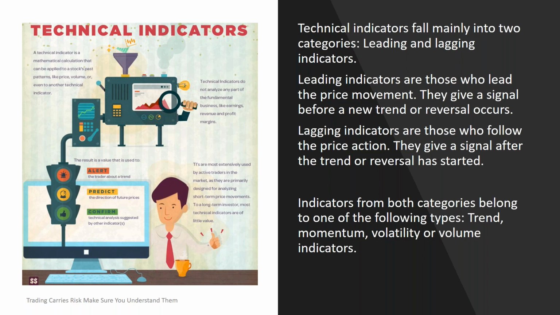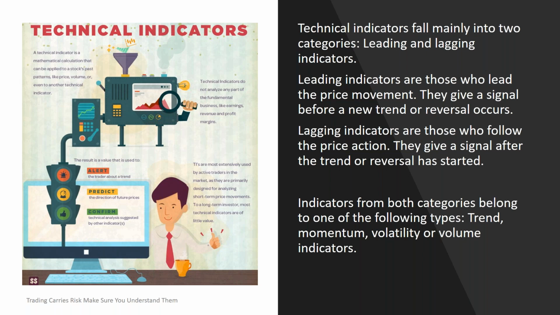And now, once we've decided which are leading and lagging, we have to figure out what type of indicator they are. Because we don't need 3 indicators that fall under volatility indicators or volume indicators and neglect momentum or trend indicators. They also tell us different things.